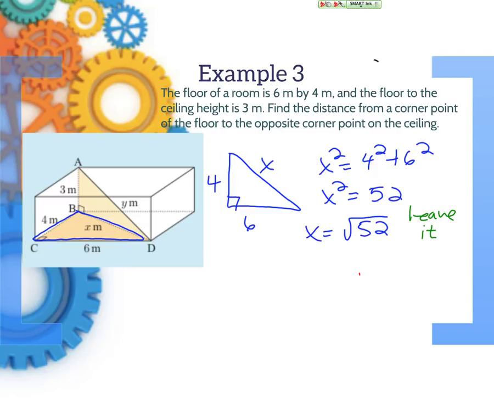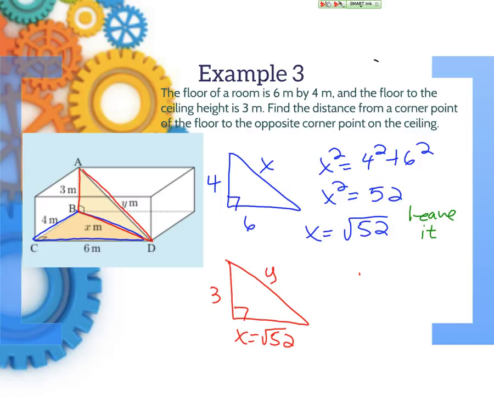So we know the floor to ceiling height is 3, and then we know that down the floor is the square root of 52, so we can make another right triangle. Just like that. So I've got this right triangle going on here, which I can then use to find y.